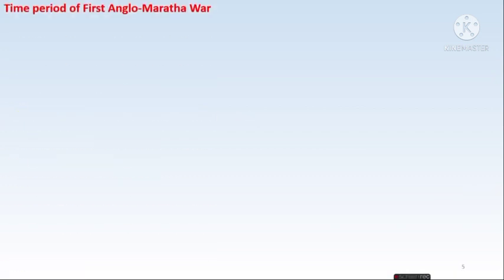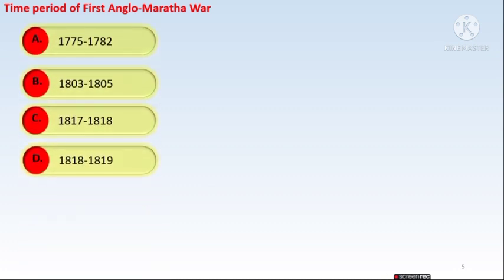The next question is, the time period of the first Anglo-Maratha war was, option A between 1775 to 1782, option B 1803 to 1805, option C 1817 to 1818, option D 1818 to 1819. What is the answer? Yes, it is option A, between 1775 to 1782.